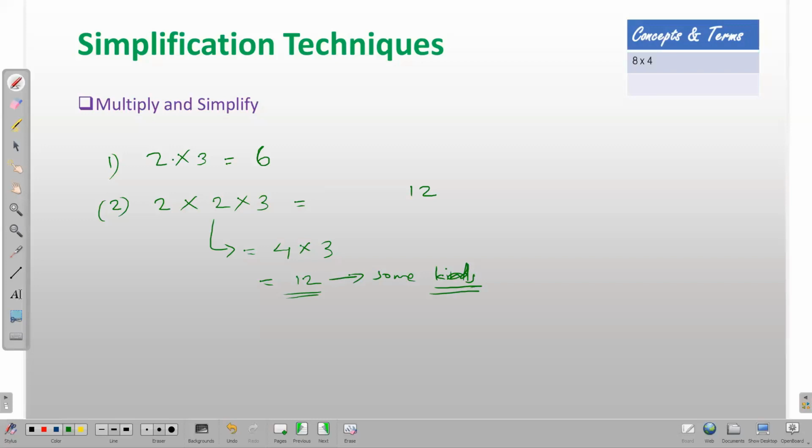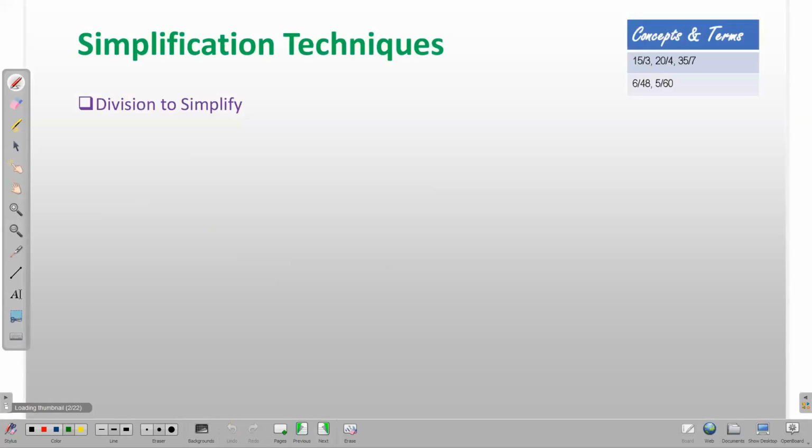Next slide, we are going to do division to simplify. Here there is 15 divided by 3, which equals 5.